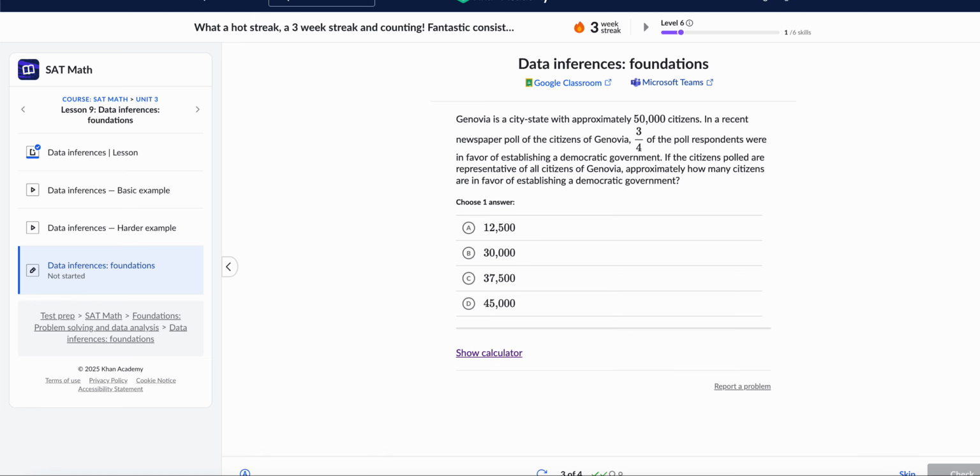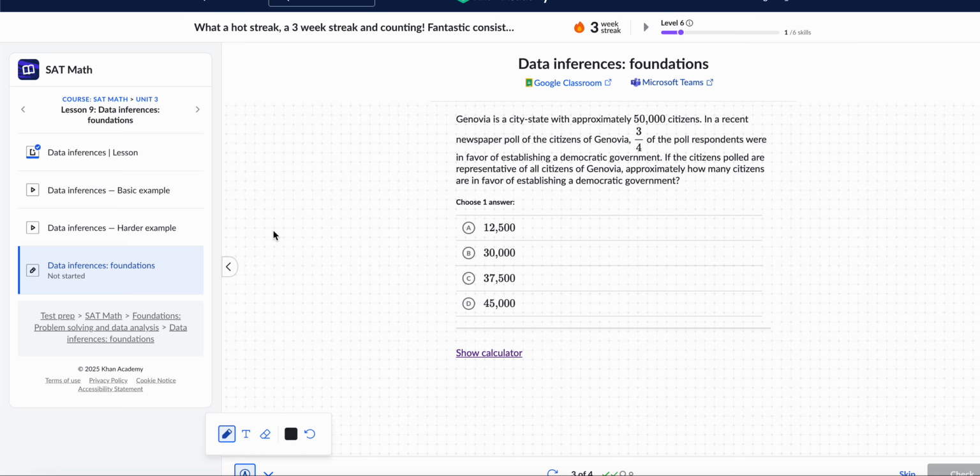Okay. Genovia is a city-state with approximately 50,000 citizens. In a recent newspaper poll of the citizens of Genovia, 3/4 of the poll respondents were in favor of establishing a democratic government. If the citizens polled are representative of all citizens of Genovia, approximately how many citizens are in favor of establishing a democratic government? So we're going to go back to our trusty formula, which is estimate equals sample proportion times population.